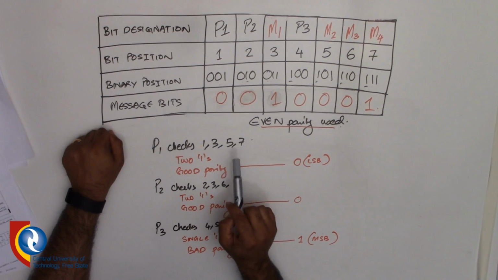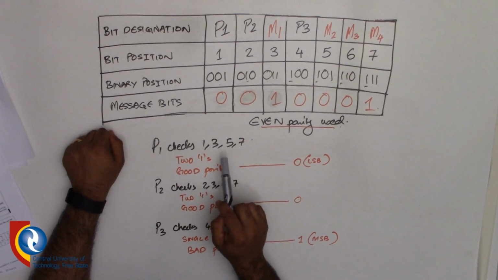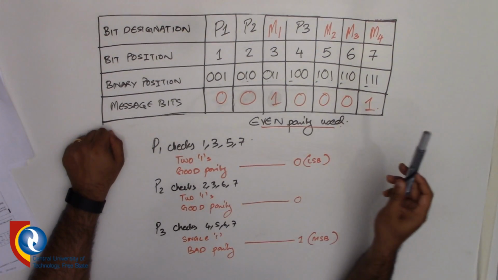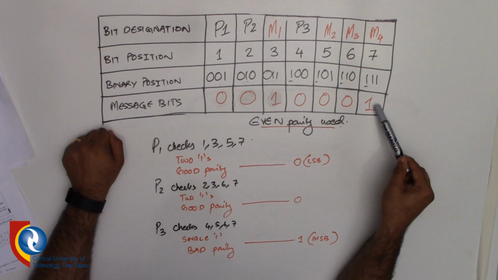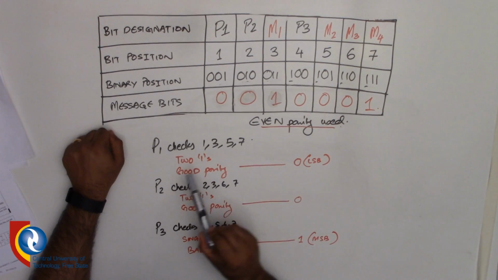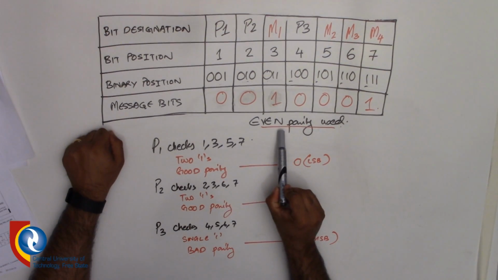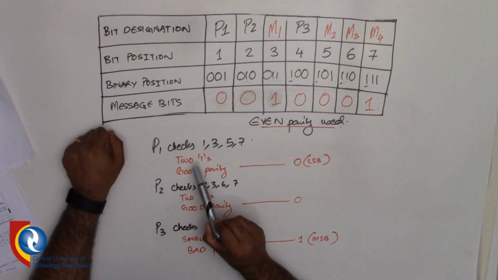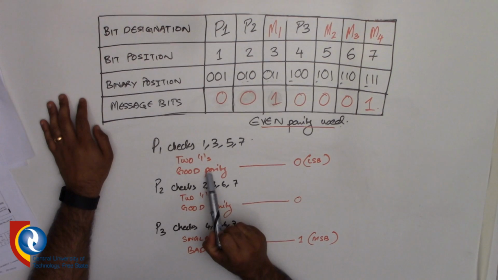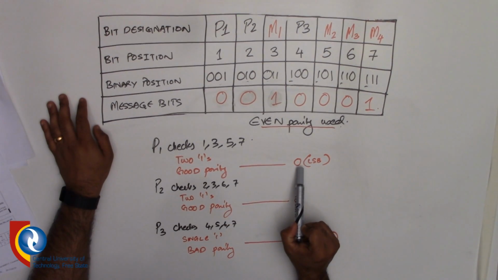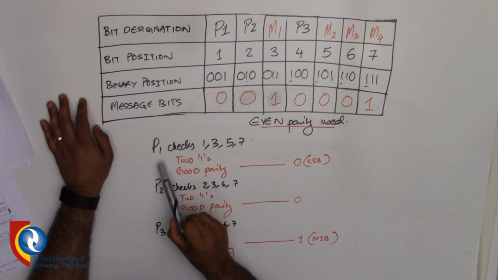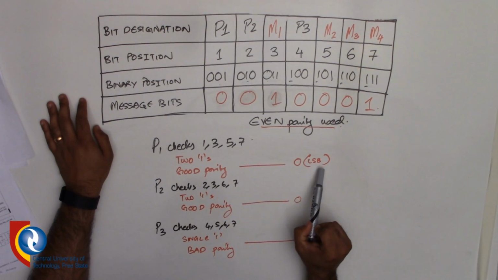This is something that we understood from our initial study. Now if you look at bit positions 1, 3, 5 and 7, we see that we have 2 1s. The question requires us to do an even parity check. We have 2 1s, which means that we have good parity. And when you have a good parity, you put a 0, and P1 is always at the LSB.